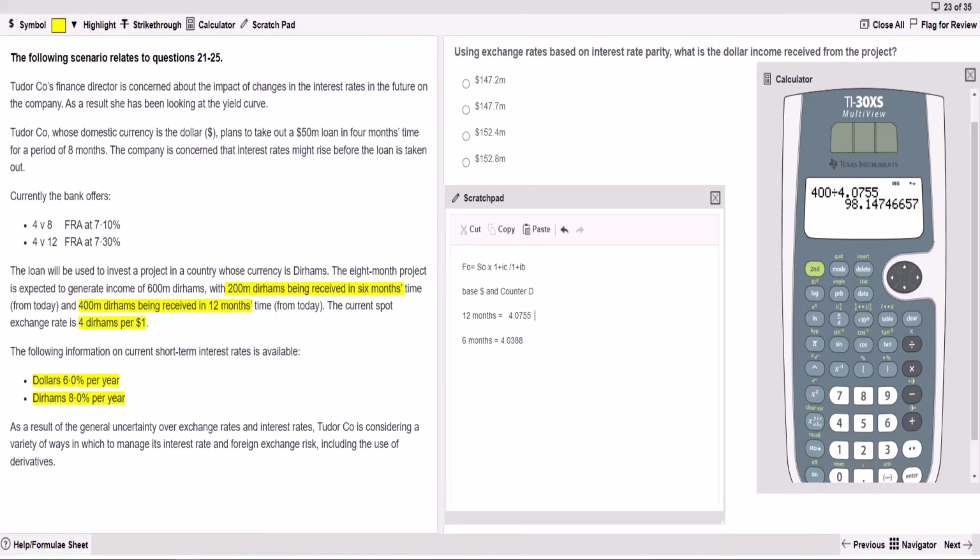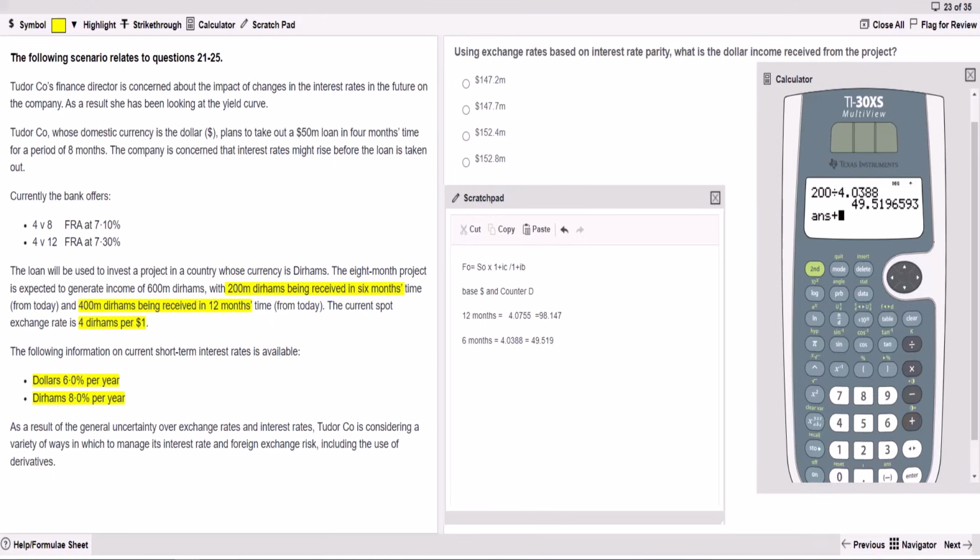So I'm going to pop that next to it, 98.147. And then we're going to do the 6 monthly one. And then we're going to take the 200 and we're going to divide by 4.0388. And that is going to be 49.519.